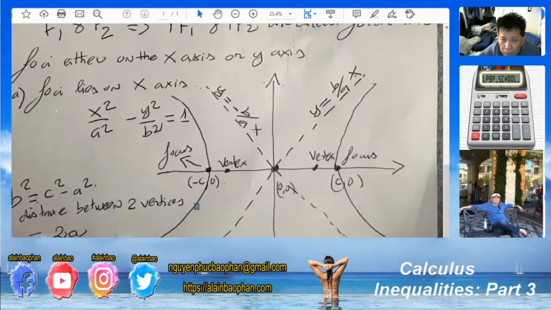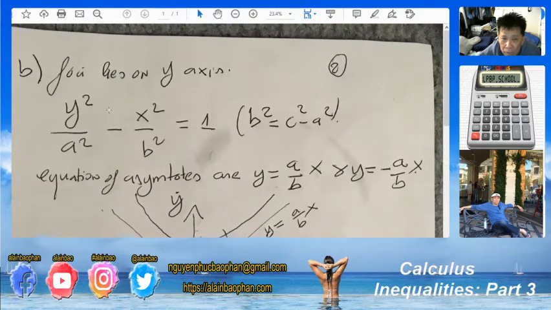The other case is if the foci lie on the y-axis. Then the form of the hyperbola equation will be y squared over a squared minus x squared over b squared equals 1, and we still use the same formula, b squared equals c squared minus a squared.